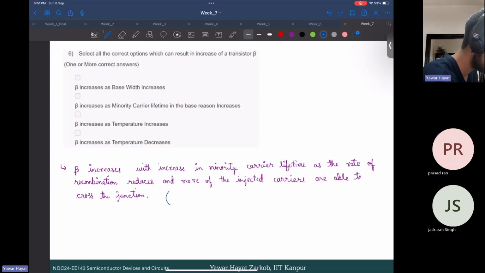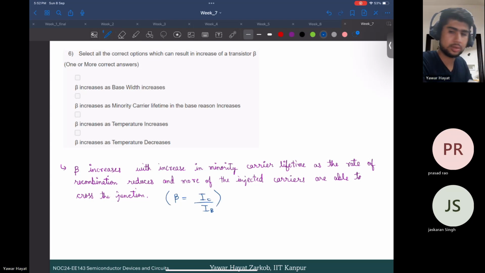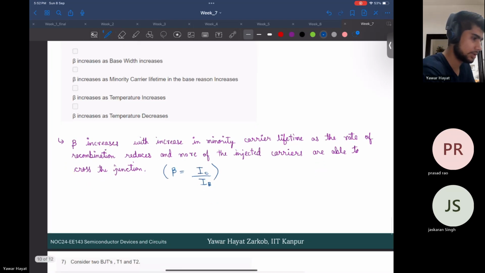Right here, beta would be equal to IC by IB. Is it fine? So this one is a correct one, right? So we'll take this one.